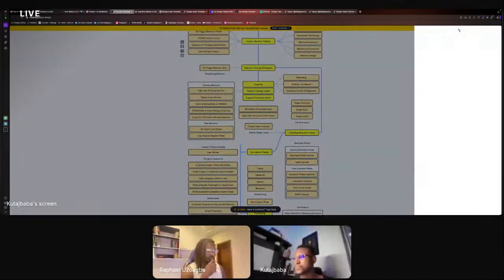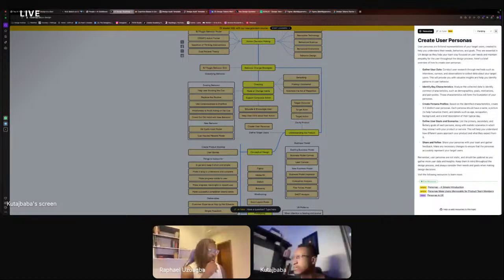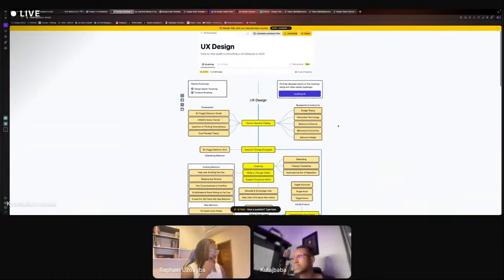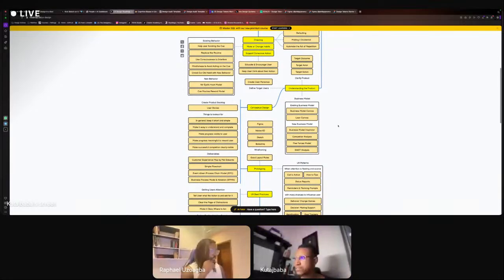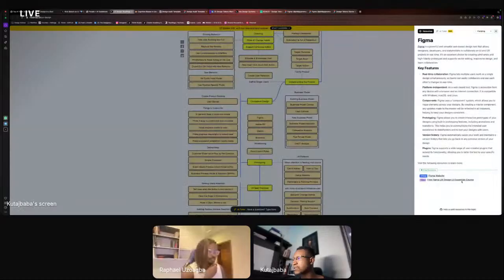Also, if you want to create user personas, what are user personas? How do you create them? It gives you links to articles and deeper resources, even videos on personas that you can watch to learn how to create personas. UX patterns, what are call to actions, status reports. Let me look for one thing that's quite popular: Figma, yes. If you want to learn how to use Figma, this is very good. There's this UI essentials course that you can follow.